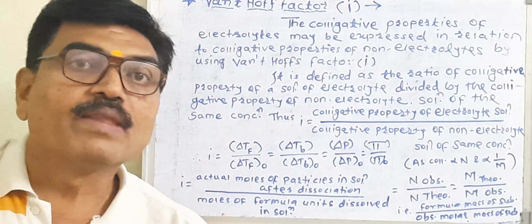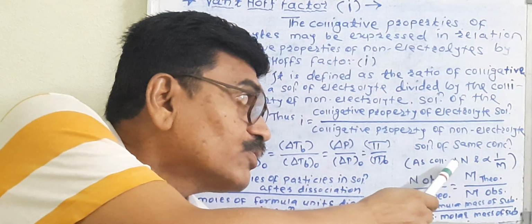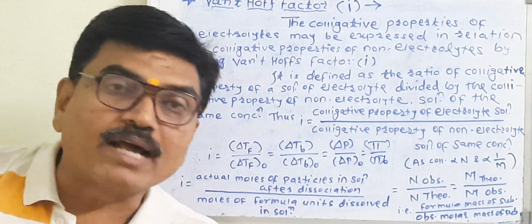Again, we know that qualitative properties are directly proportional to the number of particles, and also inversely proportional to the molar mass.